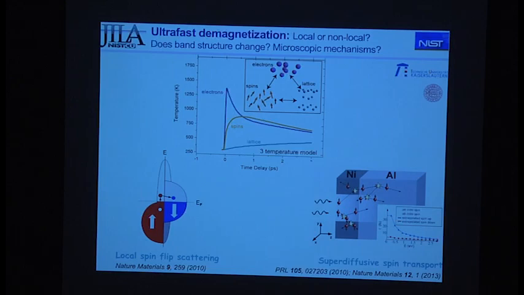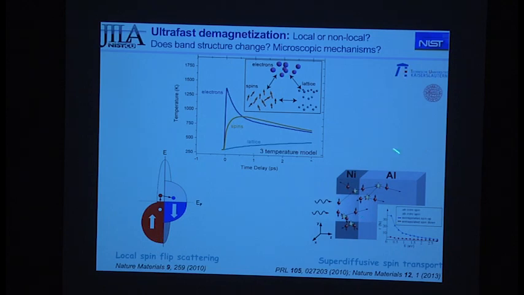Okay, so one of the first experiments we did was to try to distinguish between two very different mechanisms for how the magnetization was being quenched. One of them was spin flip scattering, just some interaction between the charge and phonons that allowed the spin to flip and take away the angular momentum.